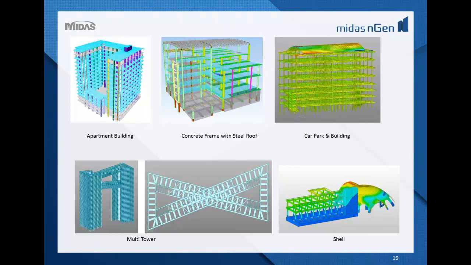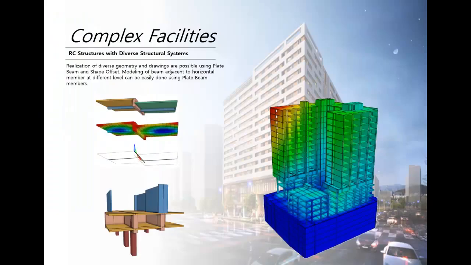A car park building. Then you can have multi-towered structures as well, and you can also perform analysis and design of shells. When it comes to complex facilities, you can use MIDAS nGen very efficiently.